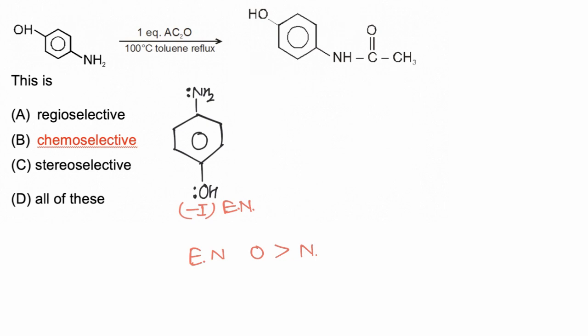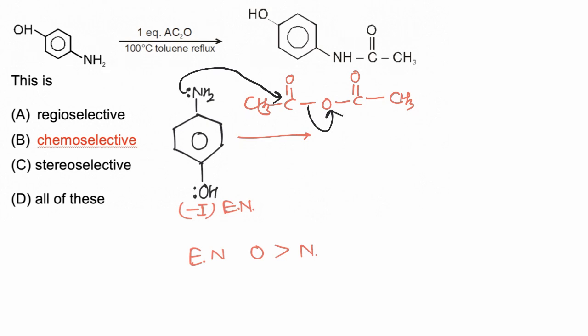So the lone pair donating tendency of nitrogen is comparatively high compared to oxygen, and the amine group has more nucleophilicity than oxygen. So nitrogen preferentially donates its pair of electrons, and acetate ion is removed as a leaving group.